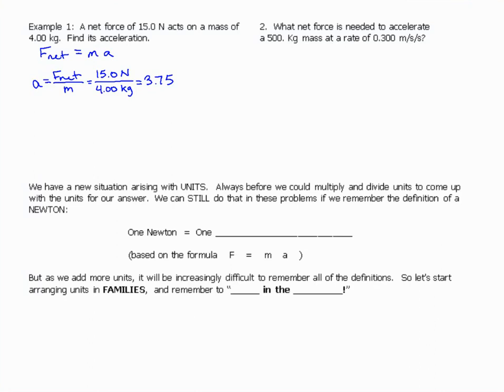Now on the topic of units. The units that we have right now are newtons per kilogram. This is not going to be the units for our answer. We have to figure out what the units need to be. So remember our definition for a newton. It was a kilogram times 1 meter per second squared.